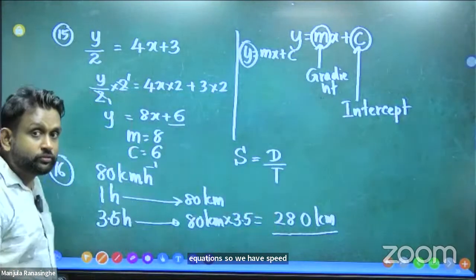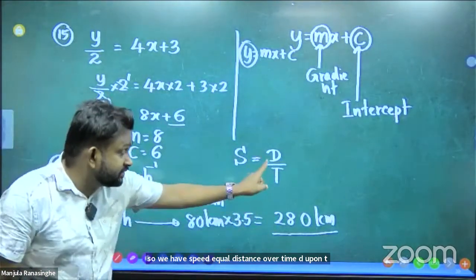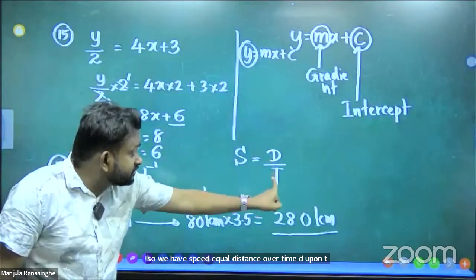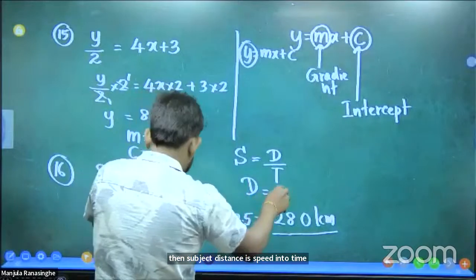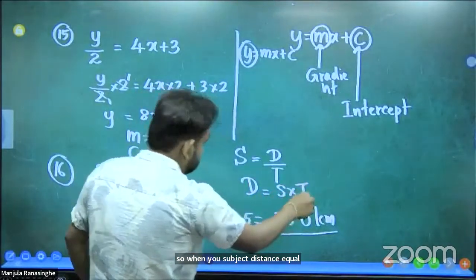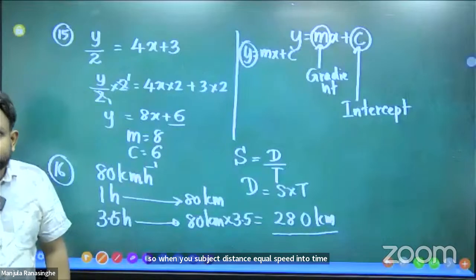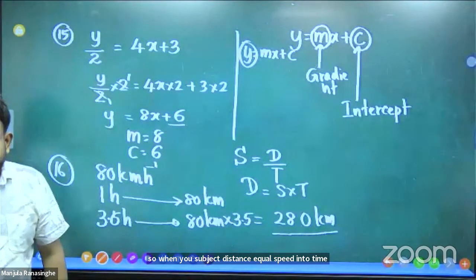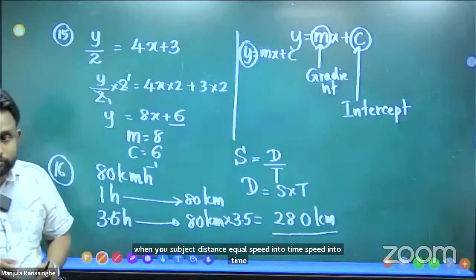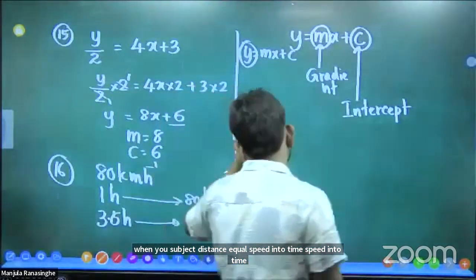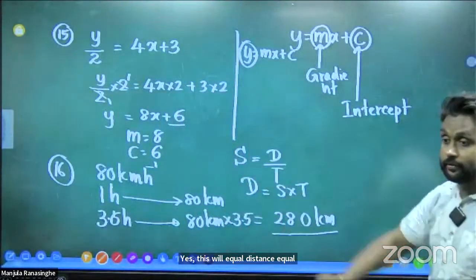They are asking for distance, so make distance the subject: distance equal speed into time, by cross multiplying in this way.